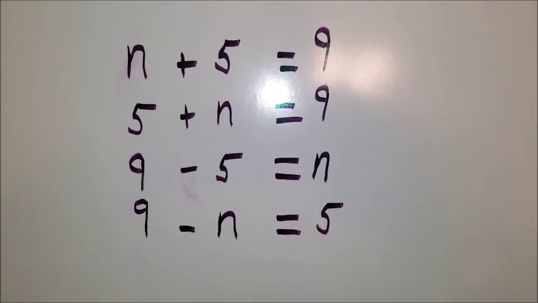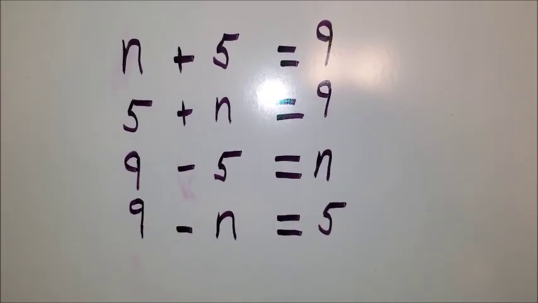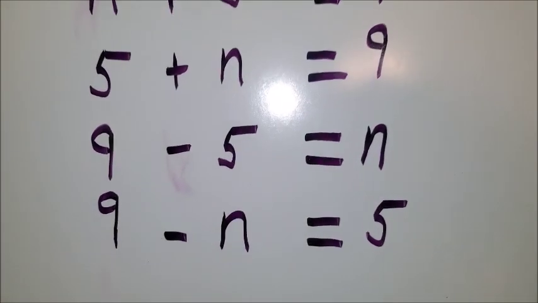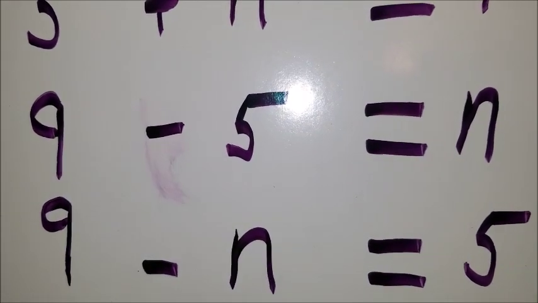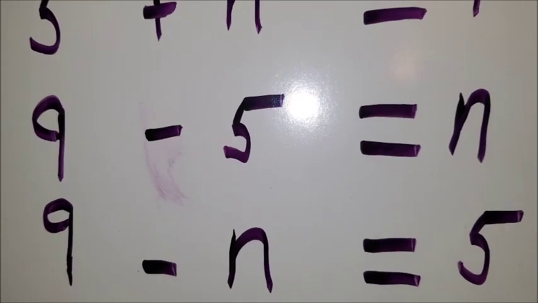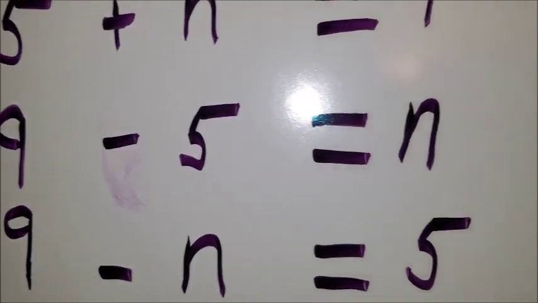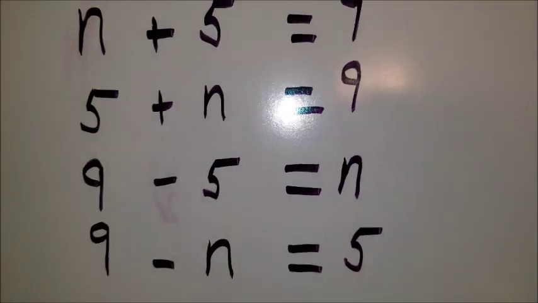Well, yes, you're right. I can hear you. Yeah, come on, Mr. Hickey. We could use any of them. But specifically, if we turn that problem around, we'll get this one. 9 minus 5 equals n. And everybody knows what that is. That's 4. 4 will go where all the n's are.